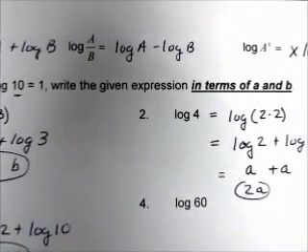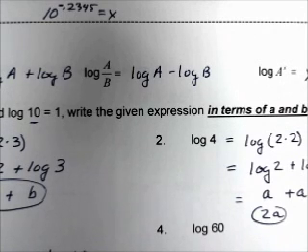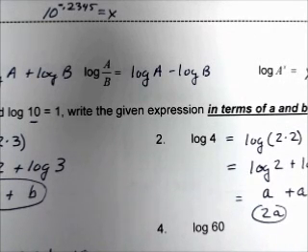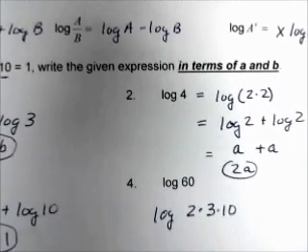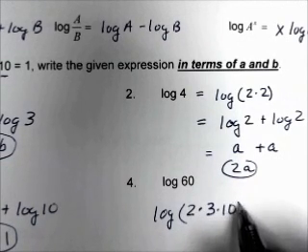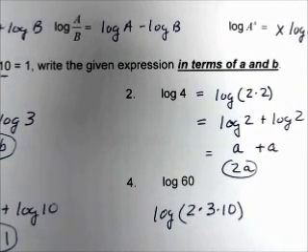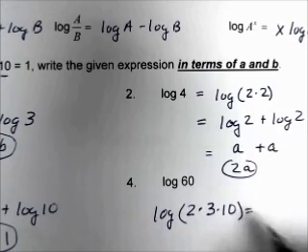Next, log 60. We can write 60 as 6 times 10, but we need the numbers 2, 3, and 10, so let's break it down into 2 times 3 times 10. Now expand.